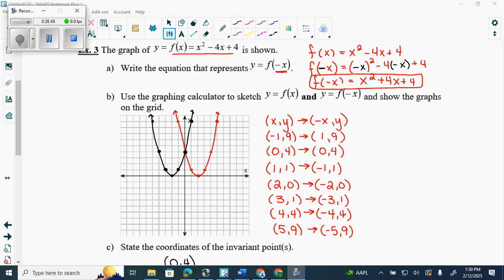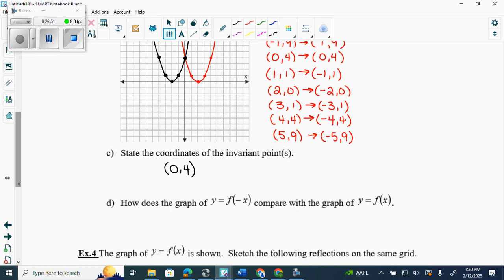So here it says, how does the graph of y equal f of negative x? So this is a negative x. So it is a reflection in the, and we don't want to memorize, guys, because memorizing scares me a bit. If I make my x's negative, the ones that are positive are going to become negative, and the ones that are negative are going to become positive.